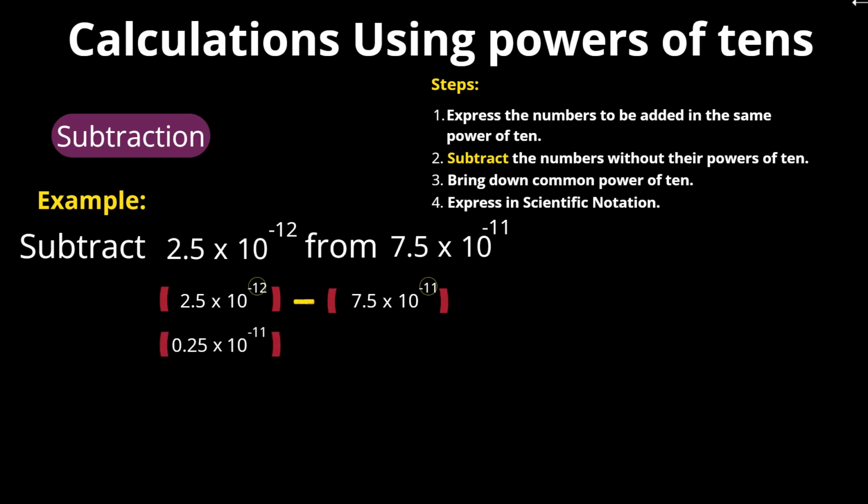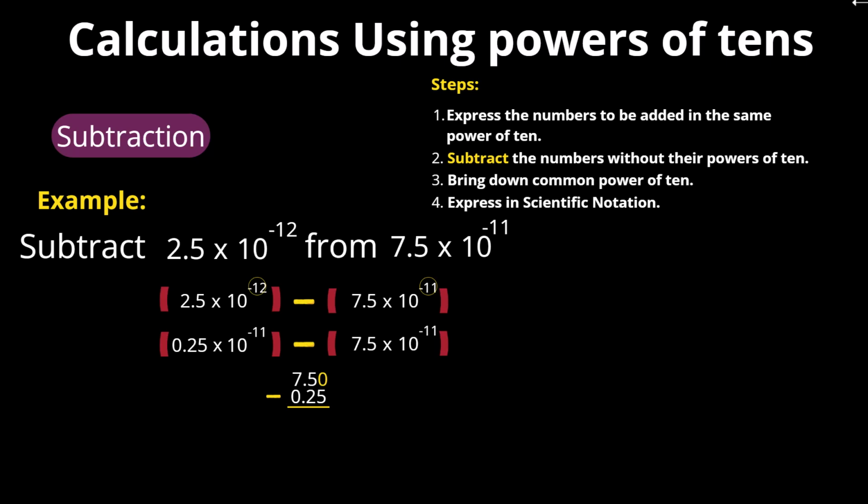So we will increase negative 12, that will be negative 11. And we move to the left, so that will be 0.25. Now both our numbers are expressed in the same power. Now we subtract them.